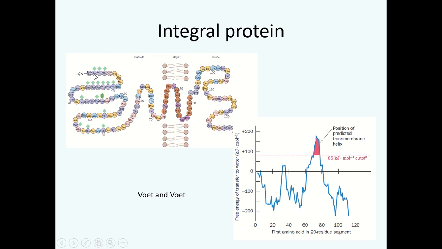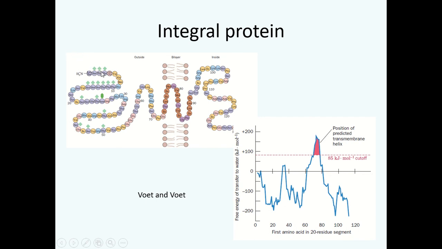We add those numbers and we plot that on this graph. Then the third window will be amino acid number 3 till amino acid number 22. So we add the free energy of transfer for all these 20 amino acids, and that is shown as point number 3 on this graph.